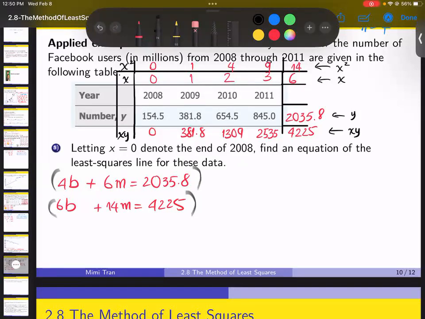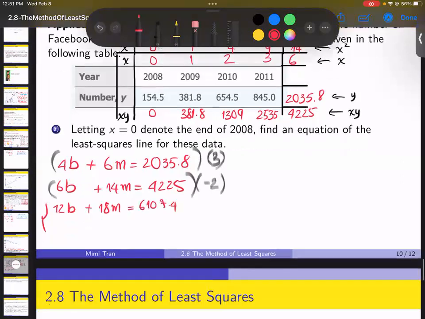So multiply the first one by 3 and the second one by -2, or -3 and then +2, doesn't matter. So 12b plus 18m equal 6107.4. And then the second one will be -12b minus 28m equal -8451.6.